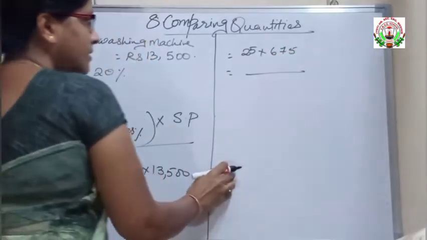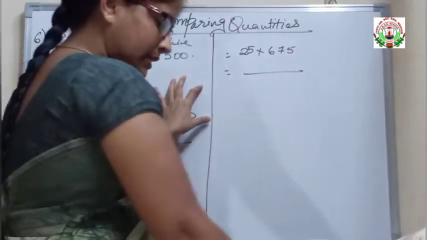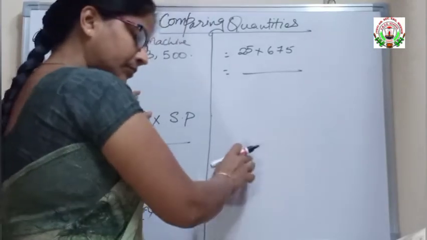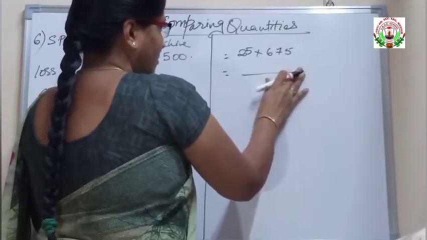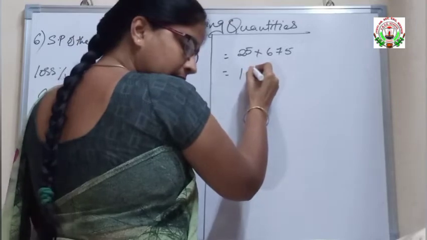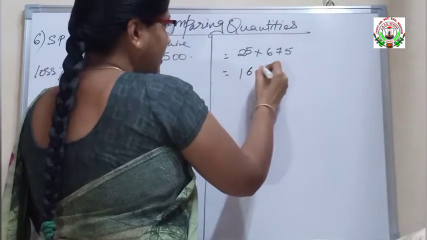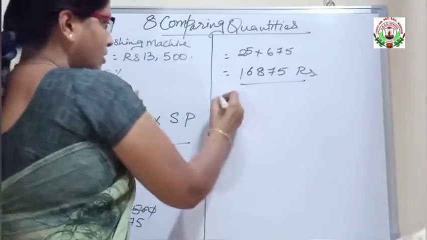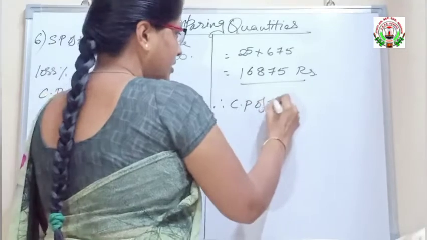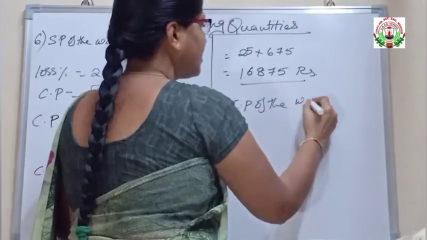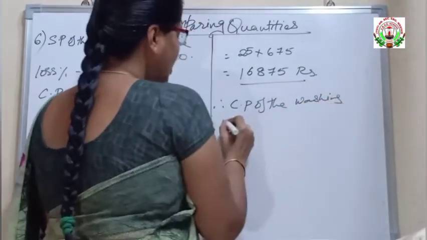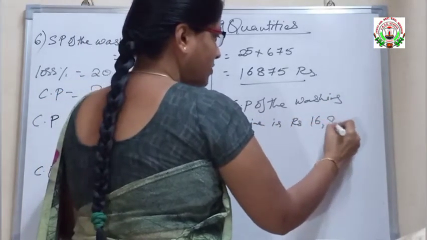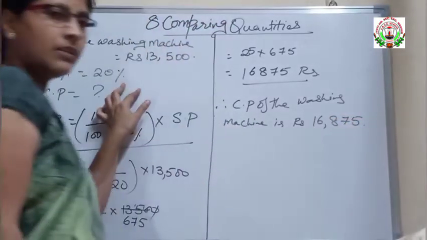When you multiply 25 into 675, we are going to get the answer as 16,875 rupees. This is your CP. Therefore, CP of the washing machine is rupees 16,875. This is your sixth question.